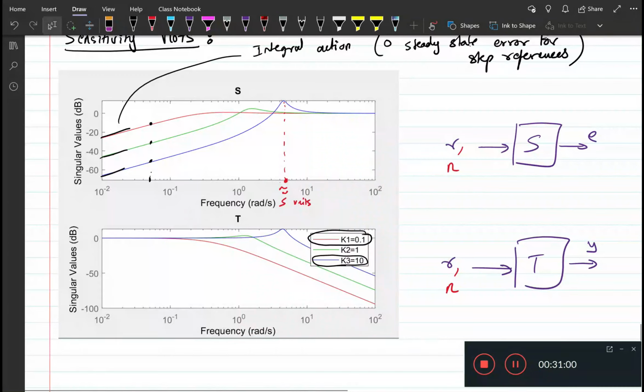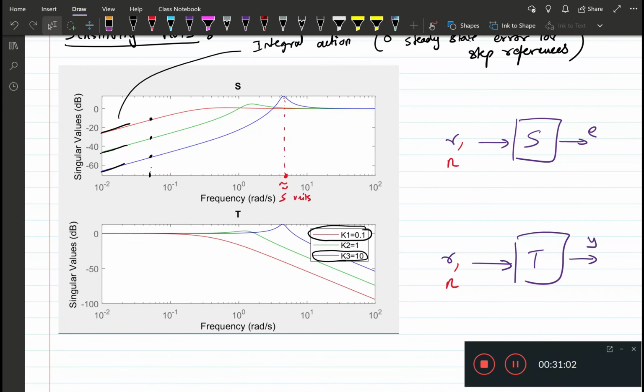Another small thing is that the bandwidth also increases as we increase k, and as we just said, this is at the cost of poor high frequency noise rejection.